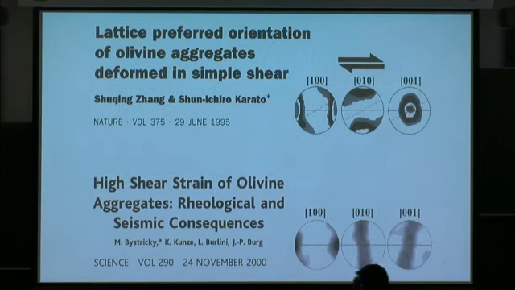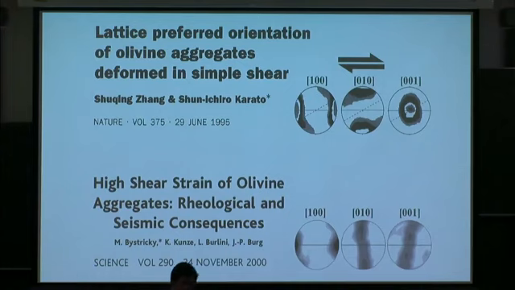So some of the key experiments that were done on olivine aggregates are shown here: a Nature paper out of Shun Karato's lab in the mid-90s, and one at ETH in Science. In the top one, we're deforming an aggregate of olivine grains in this direct shear geometry. David mentioned this on Monday, but we have angled blocks that are forced to shear the sample.